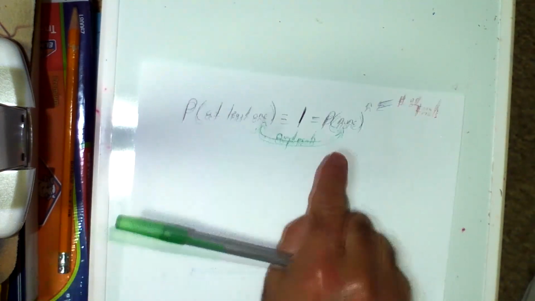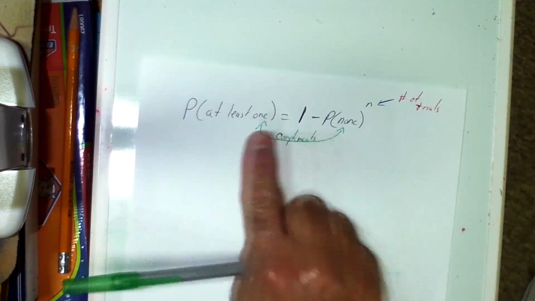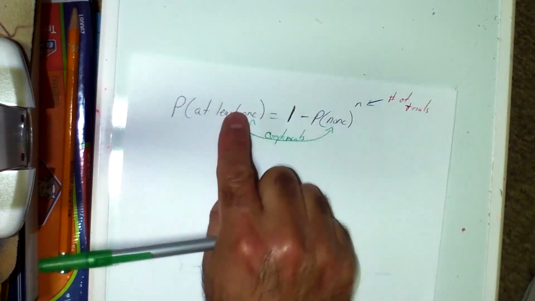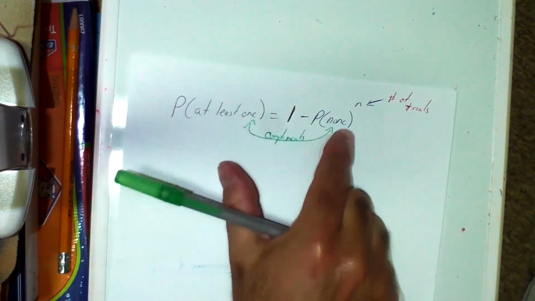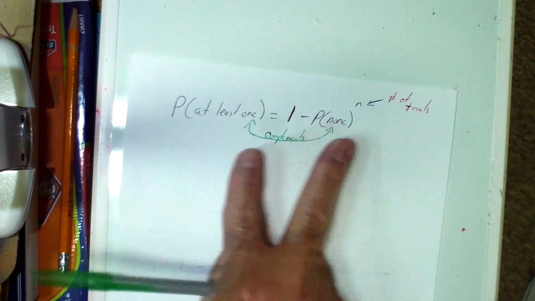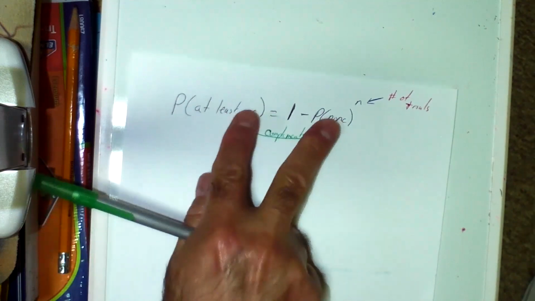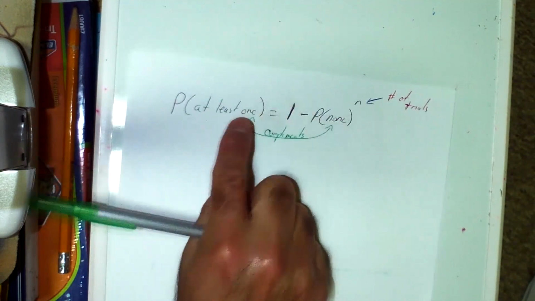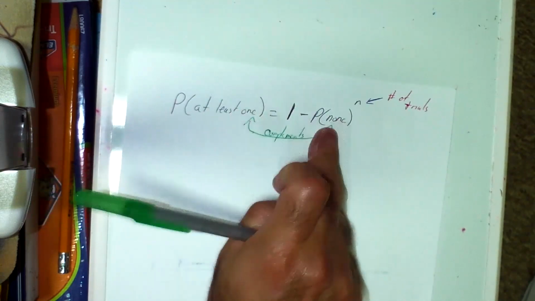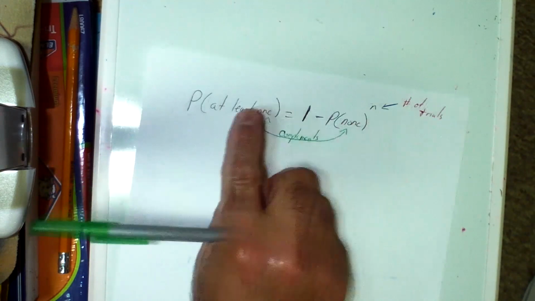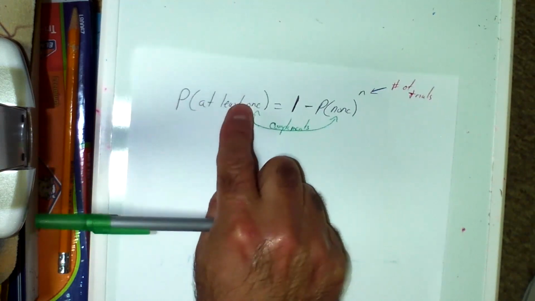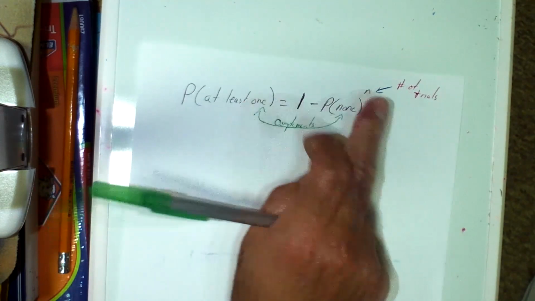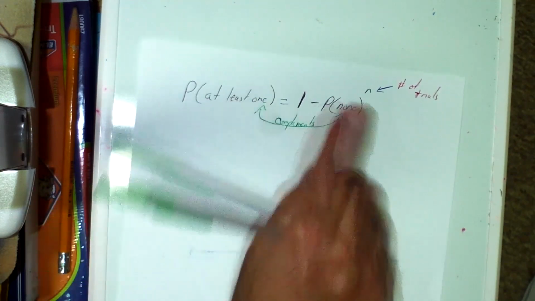Well, in the formula, it's going to be the opposite, so the opposite of boy would be girl. If this is girl, then the opposite would be boy. So these two are going to be complements. If this is good, the other one's bad. If the other one is heads, tails. Success, failure. Failure, success. So they're complements.